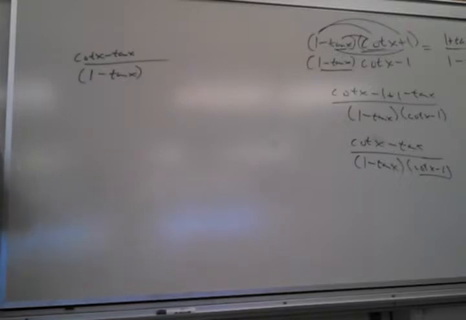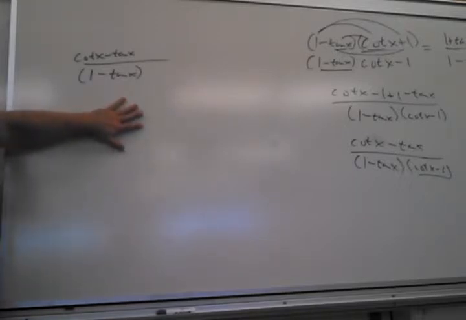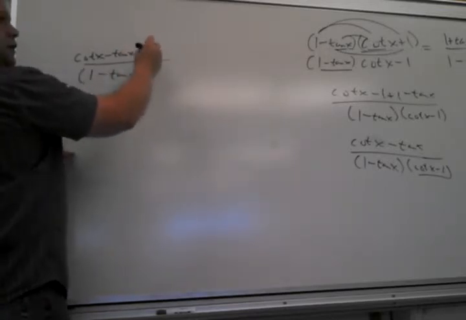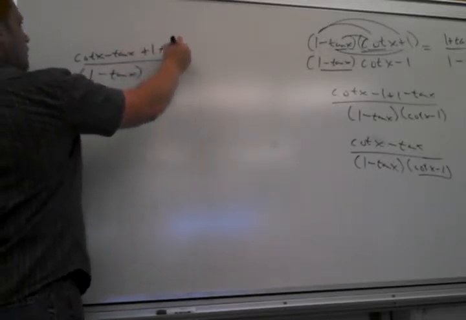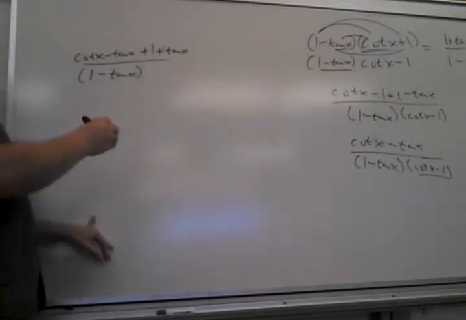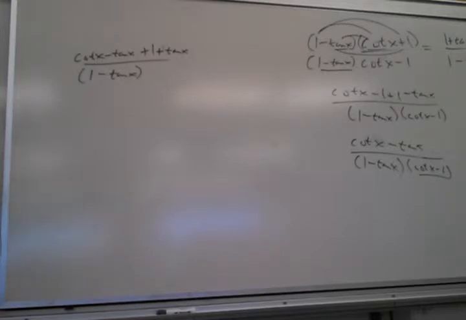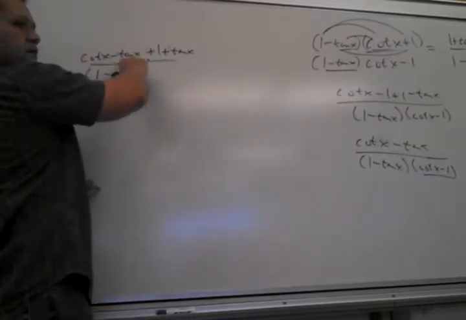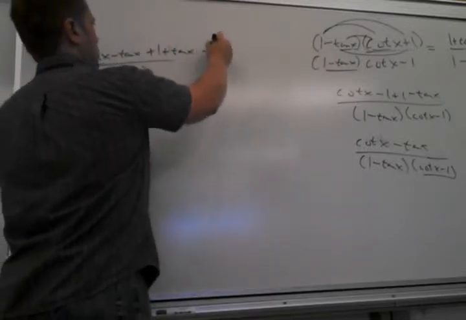That's why I wanted to see who would really try this and come up with a way that works. Now watch this. I can just do this, as long as I do what to the bottom? No. You can't add to the top and bottom of a fraction. But if I add something to this, I better at the same time subtract the same thing.